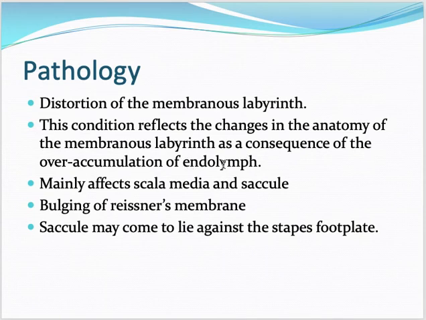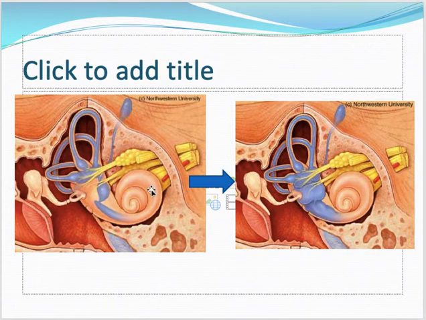They also found bulging of Reissner's membrane, and the saccule may come to lie against the stapes footplate. So simply you can see in this photograph these are the things they found, by the way.